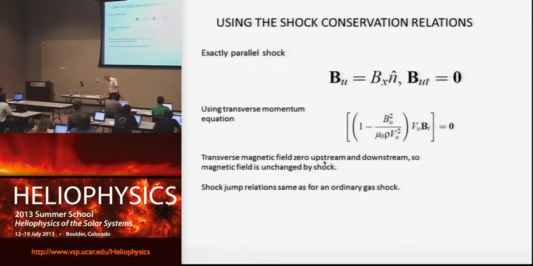And so this means that the change in the transverse field is 0. So we find that this component here is constant, and therefore the square brackets around the BT version is 0. And so the change in the transverse magnetic field is 0. But on the other hand, for an exactly parallel shock, the tangential magnetic field is 0 upstream, and so it's got to be 0 downstream. So that means that we don't change the magnetic field at all.